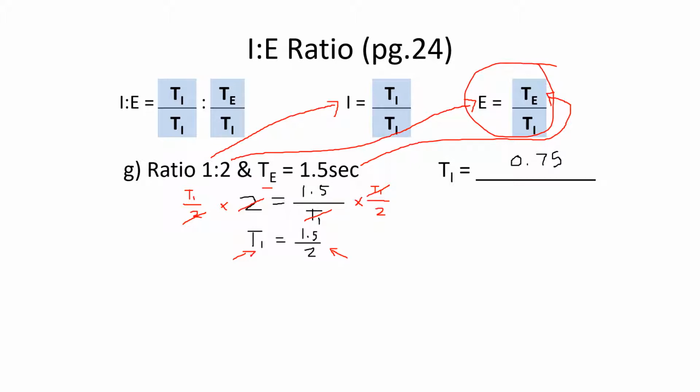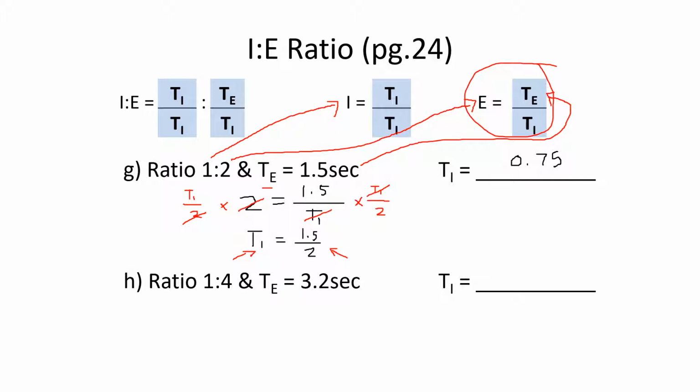Bam. All right, solve it again now, this time for H. Same exact strategy. 4 equals 3.2 over TI. Solve for inspiration time. 0.8? Oh, nice and easy now, right?